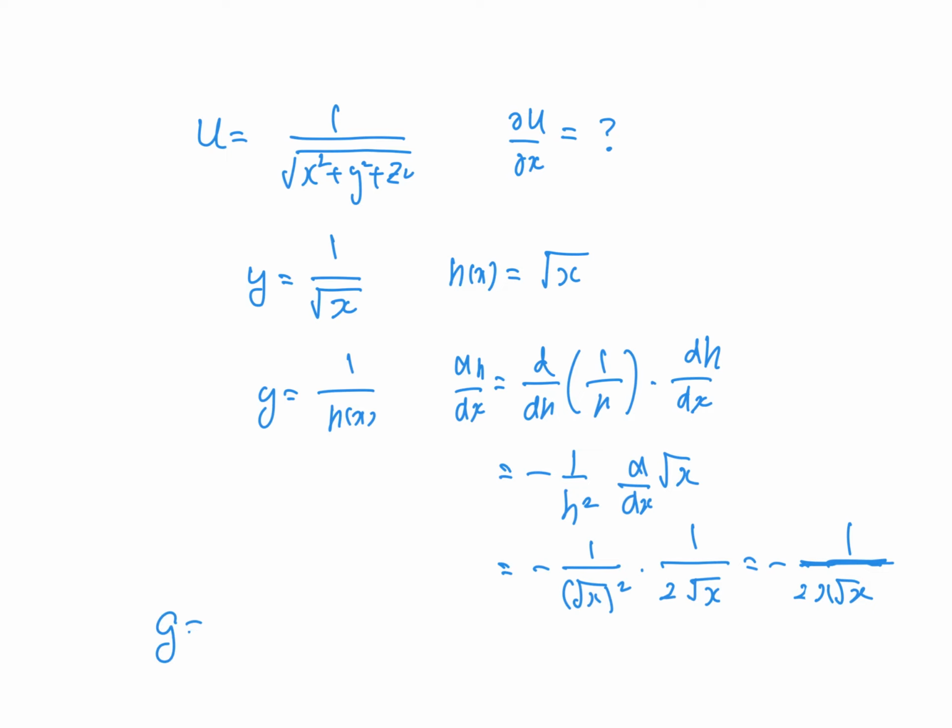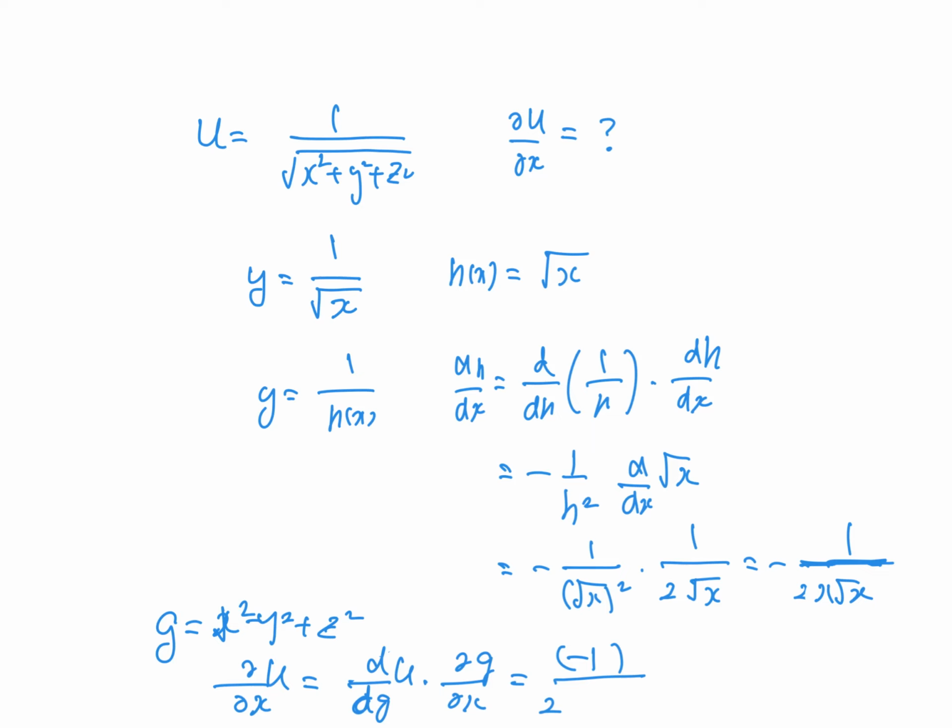So likewise, when you set g as x squared plus y squared plus z squared, then partial u over partial x is du/dg times partial g over partial x, which is minus one over 2 g square root of g, where g is x squared plus y squared plus z squared, times 2x.